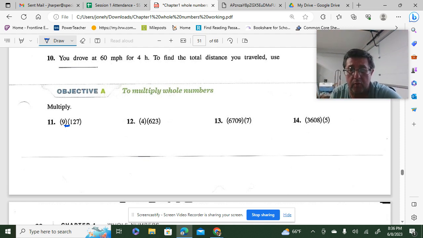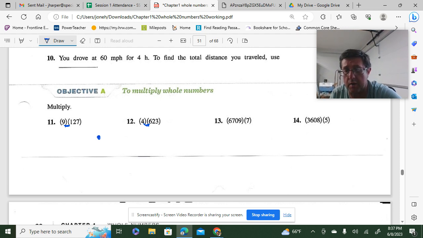This again, it's 4 times 623. And the same here and the same here. Remember when these are next to each other. And when there's the dot, it means multiply, usually.